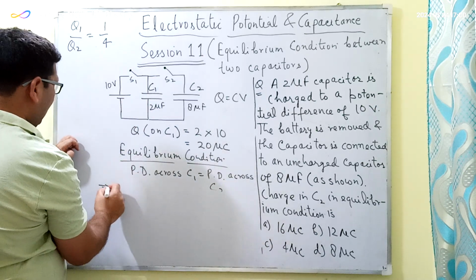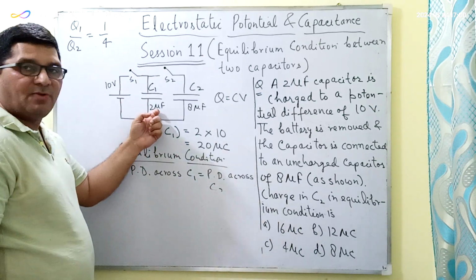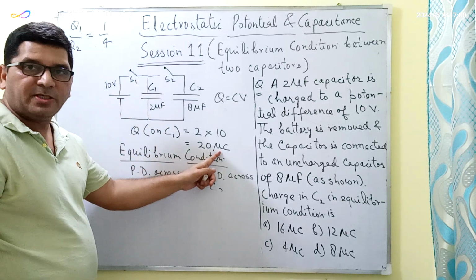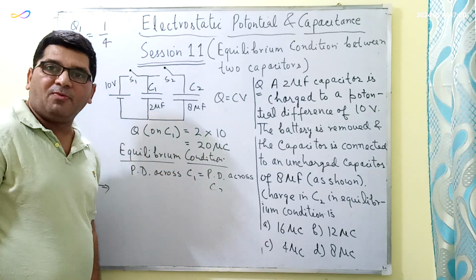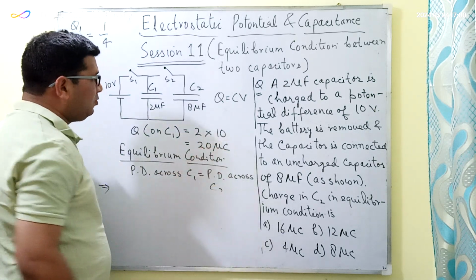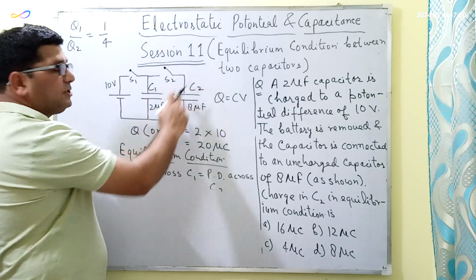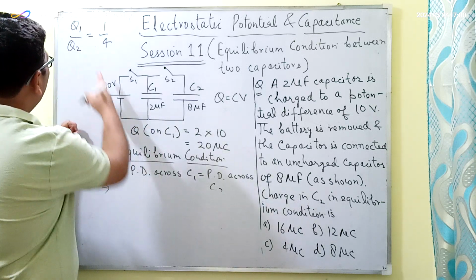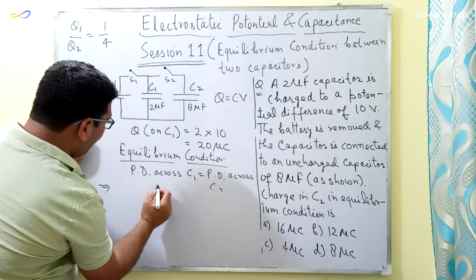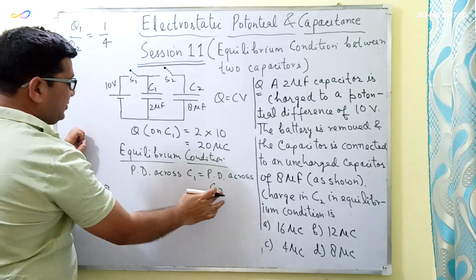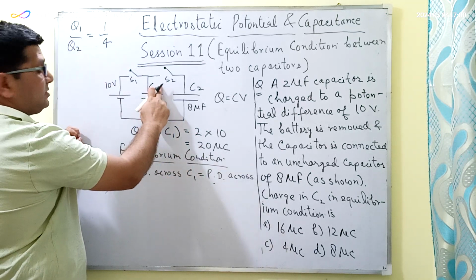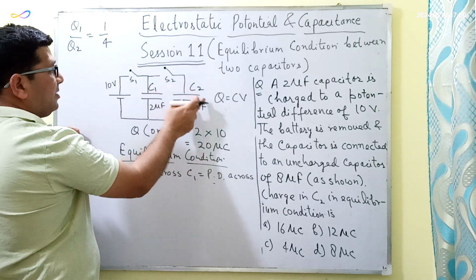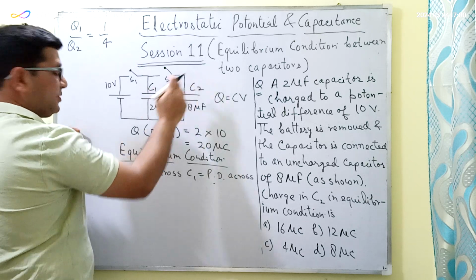The total charge on capacitor C1 when it was charged to a potential difference of 10 volt is equal to 20 microcoulomb, and by the law of conservation of charge, this 20 microcoulomb will be distributed between these two capacitors. And how will it be distributed? Q1 upon Q2 is equal to 1 by 4, and the total charge which was on C1 is equal to 20 microcoulomb.